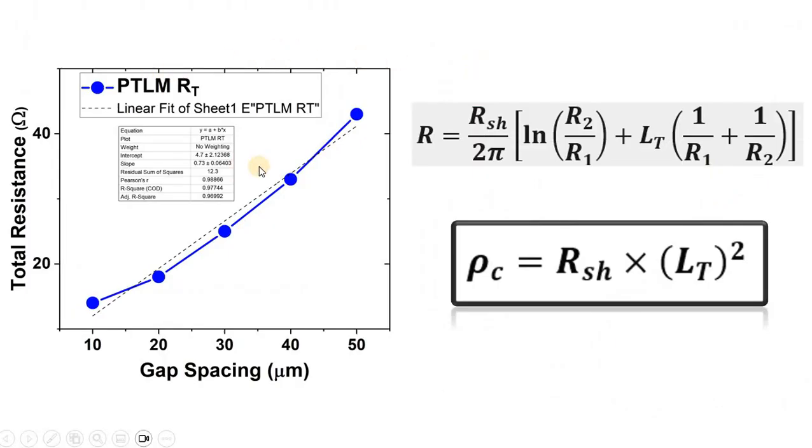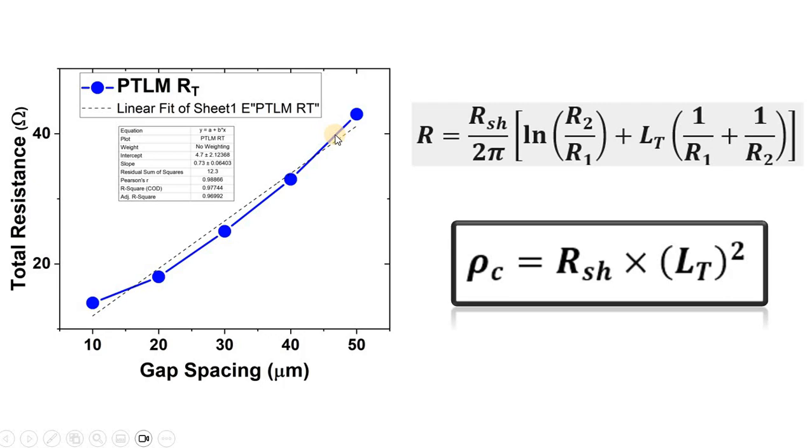So you plot the resistance. I've got 5 data points, and you measure these 5 different resistances and plot them versus the gap spacing. After that, how do you extract the contact resistance? These data points correspond to the measured resistance.